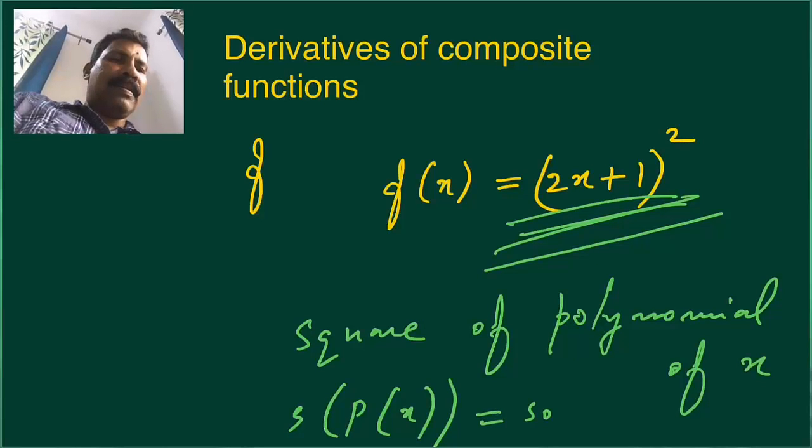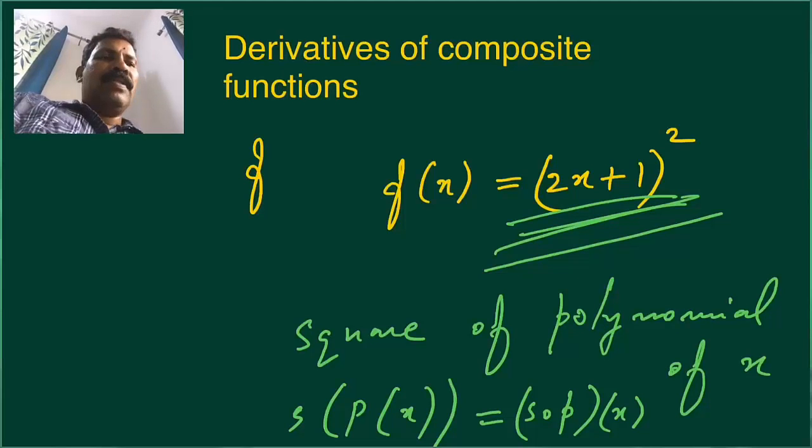That is nothing but s circle p, f composite p of x. That is why this function is a composite function.